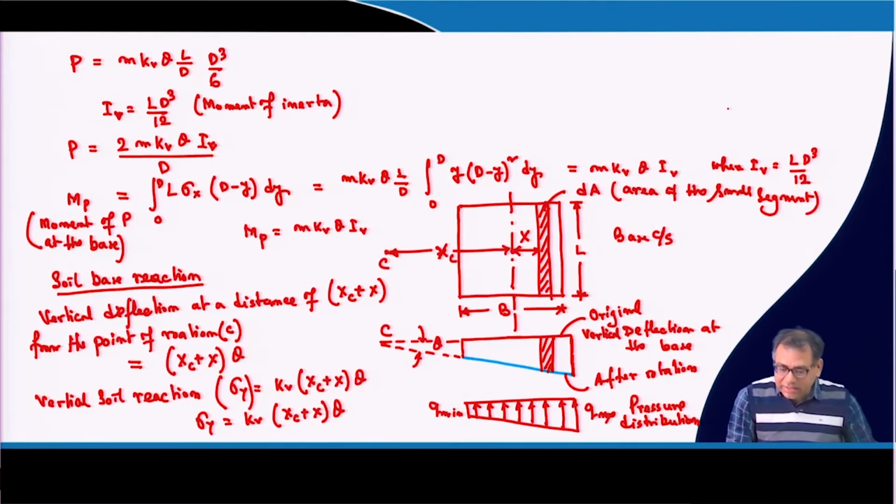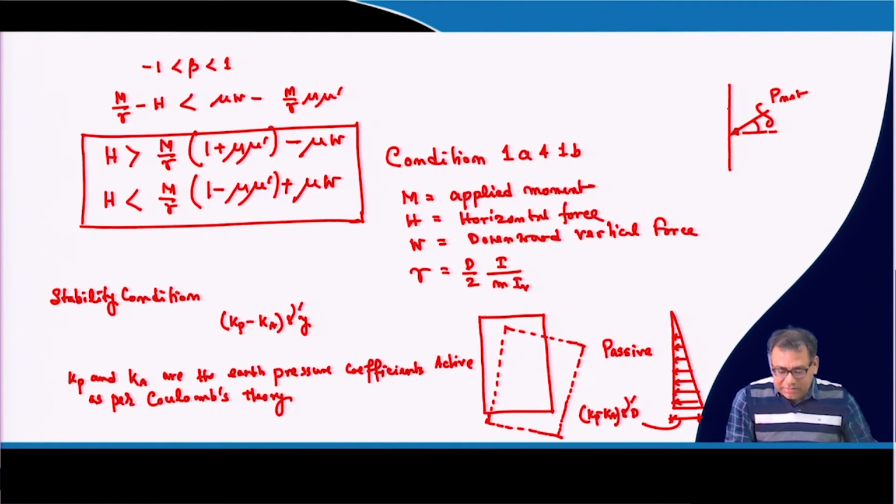The soil resistance at a depth of y will be Kp minus Ka gamma dash into y, acting at an angle of delta, so the horizontal component will be cos delta.